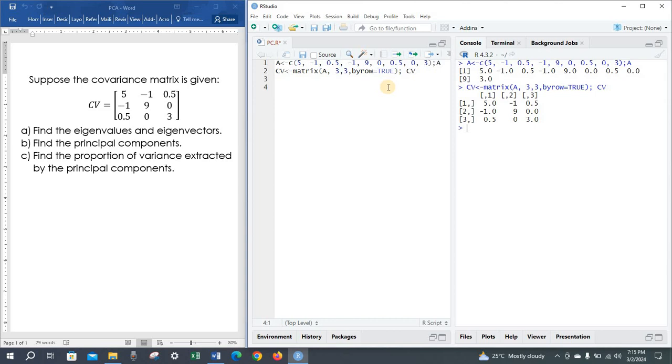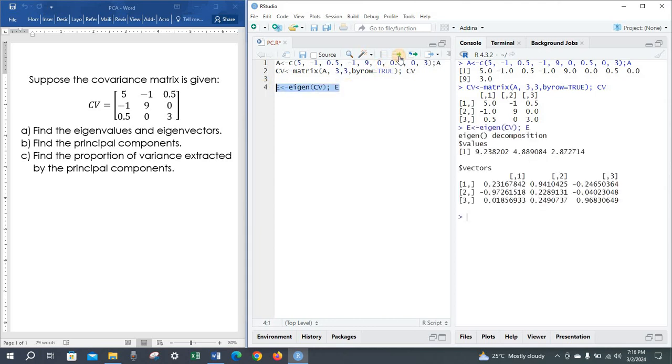Now we have to find the eigenvalues and eigenvectors. To find them, you can write the code eigen of CV. Run it.